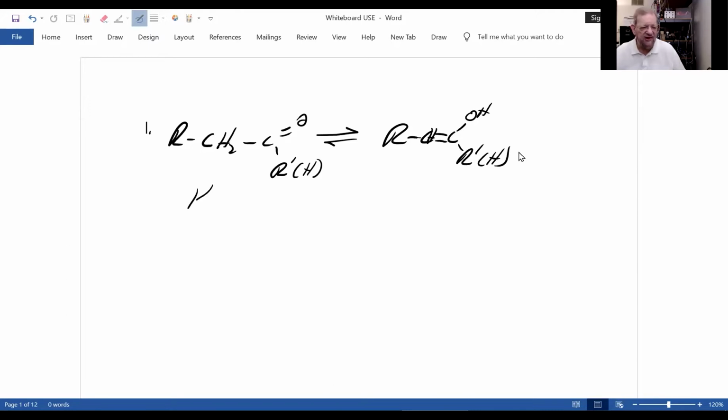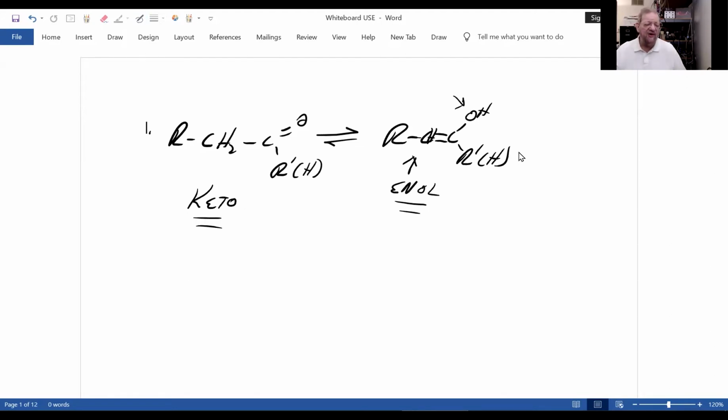This is called the keto form because it could be a ketone or an aldehyde. I don't know why they didn't call it the aldo form. And this is called double bond ene, OL, alcohol, OL, the enol form.